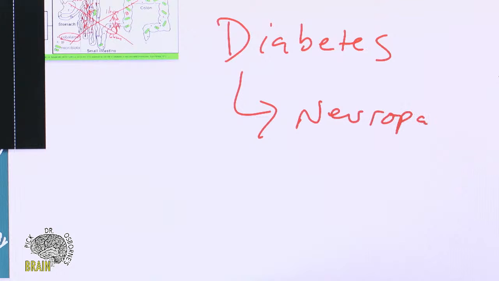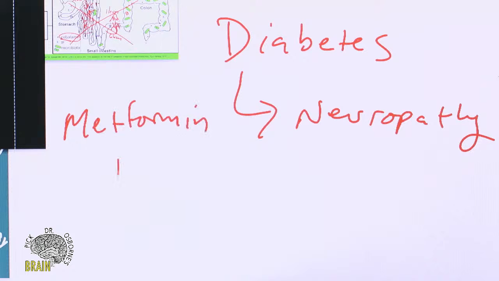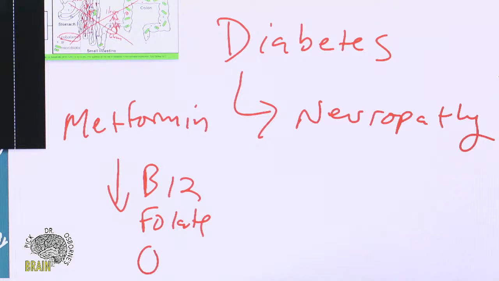Right? You hear about the diabetic neuropathy, but the medicine, metformin, will reduce B12, folate, and CoQ10.